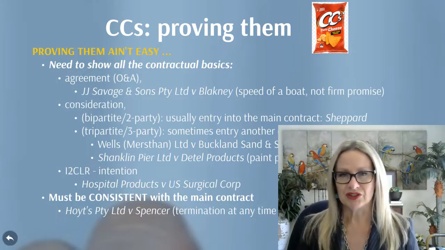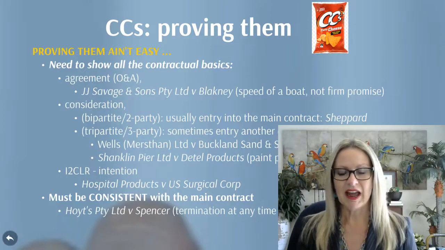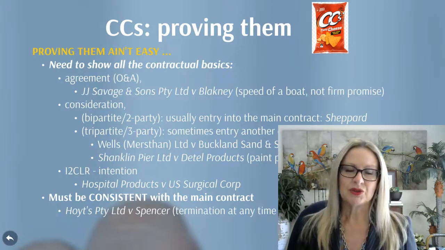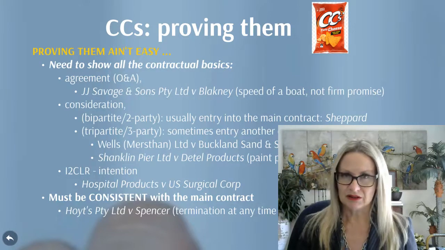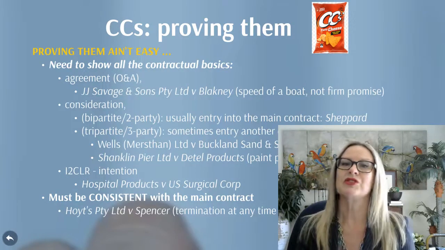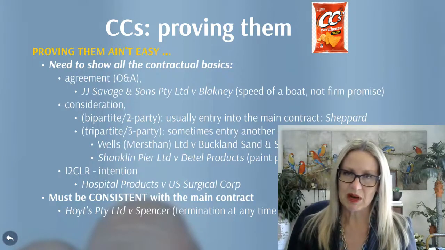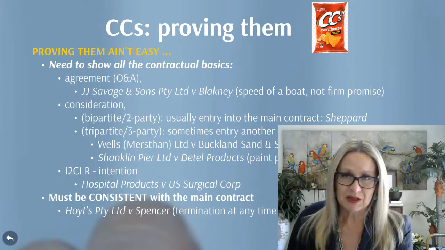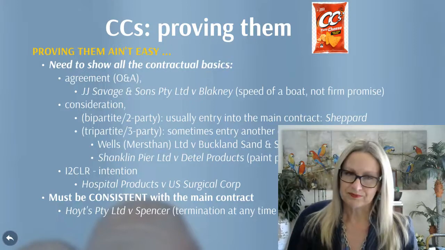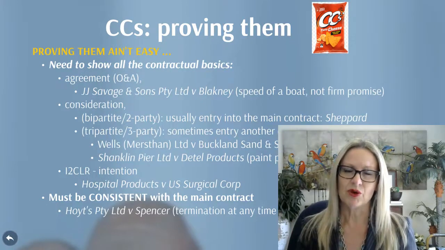Bought the boat with the engine, couldn't reach that particular speed, not well anyway, and the question was, could the exchange of correspondence form part of the contractual terms between the parties? It wasn't in the main sale and purchase agreement. Could it operate as a collateral contract?